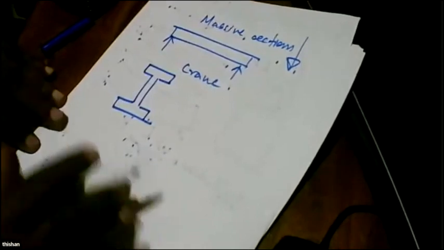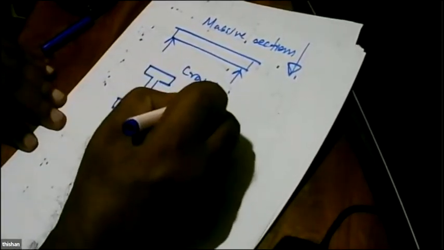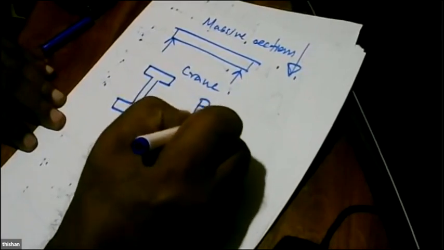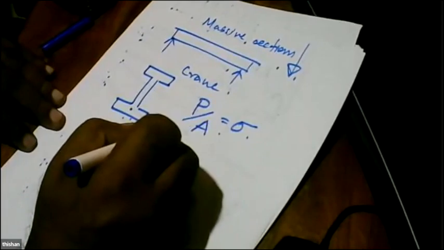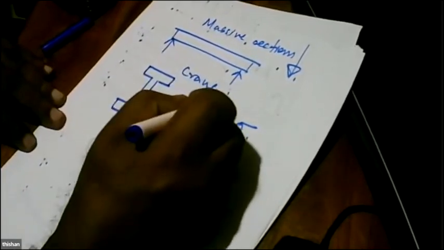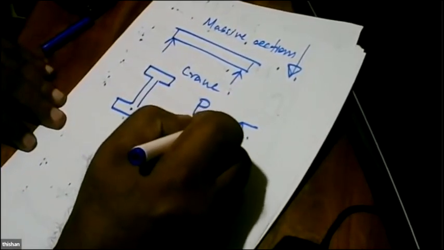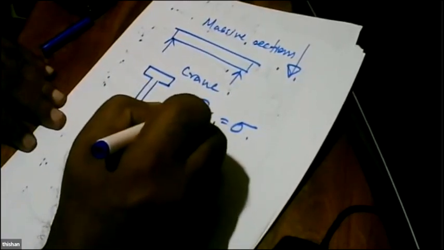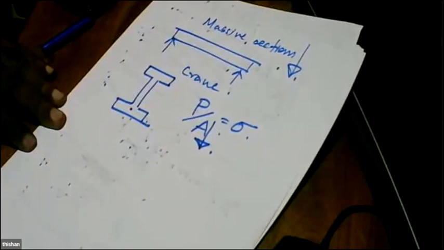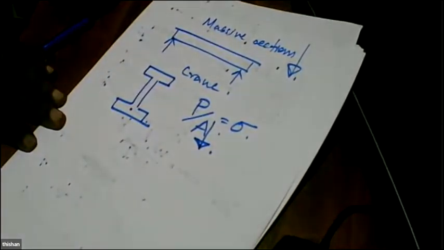Because we are applying a pre-stress. And if you look at the axial component, it is P over A. And if you want to maximize the stress, we have to minimize the area. Then only for a given force, we'll get a huge stress.